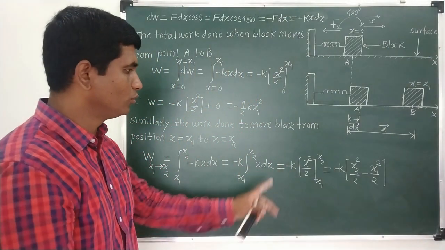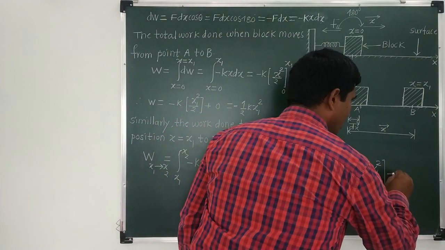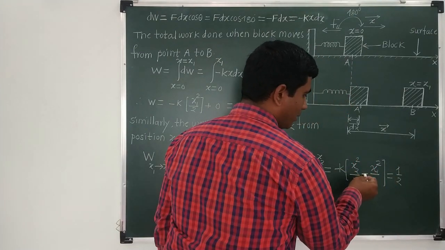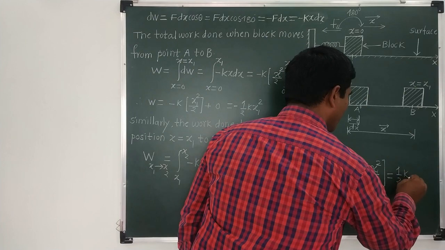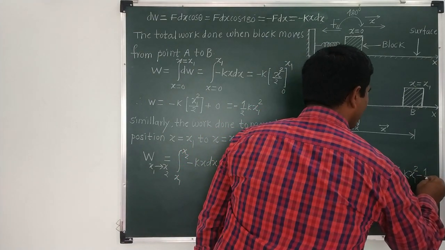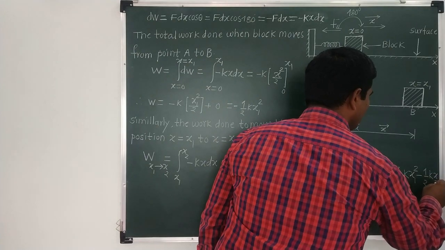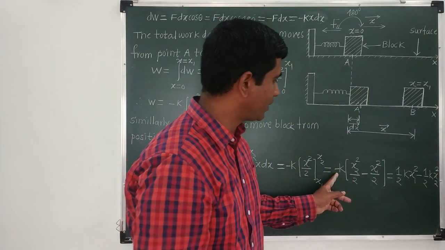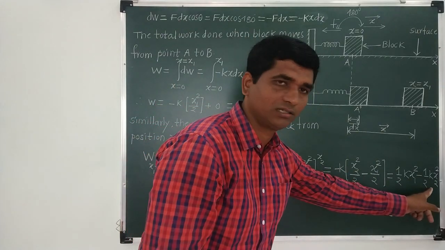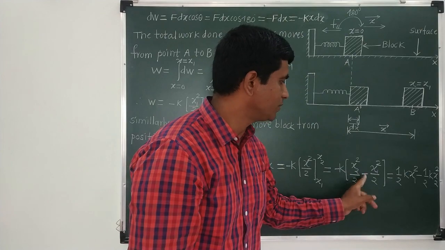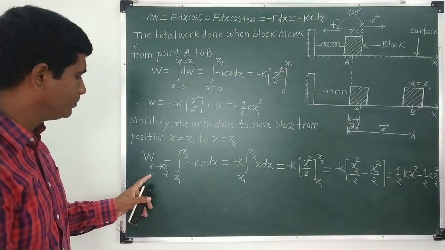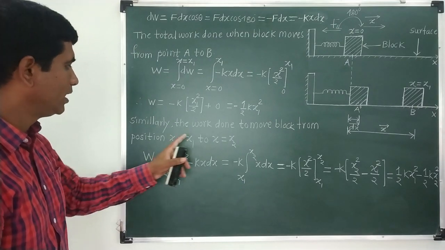If you remove this minus sign and take 1/2 outside, minus becomes plus, so we can rewrite it as 1/2 k x1 square minus 1/2 k x2 square. I have just opened the bracket and given the minus sign inside. So this term with minus is the one I had written secondly, and the minus that becomes plus is the one I had written initially. This is the work done when an object moves from the point x1 to x2.